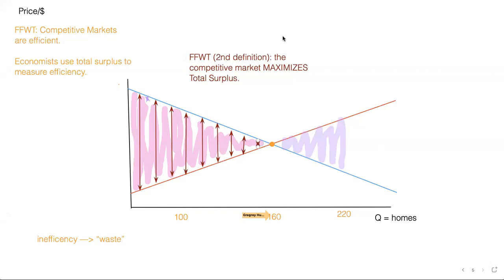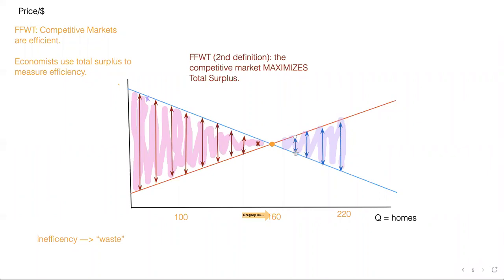So all of these inefficient units over here are ones where the cost of production is higher than the value to the consumers. This would be like if we all already had four vacation homes and a house to live in. Then the houses would just be standing empty and nobody would ever be using them.